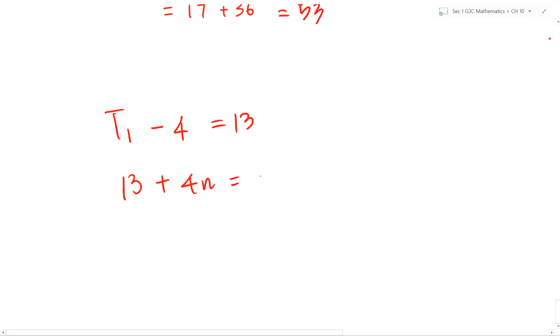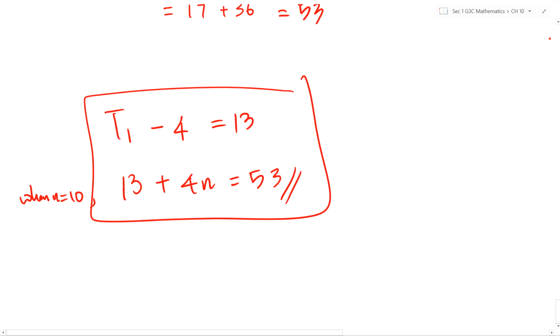Okay, and in this case, when n equals 10, 13 plus 4 times 10 is 53. And this is your answer, isn't it? Why does hers work?